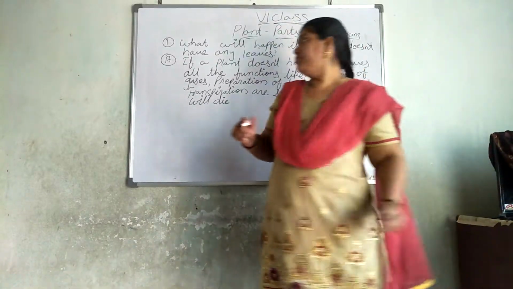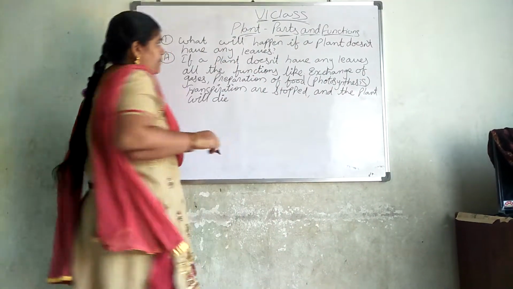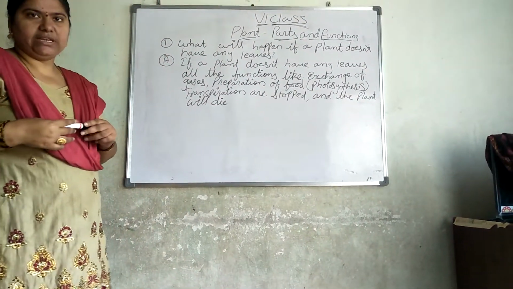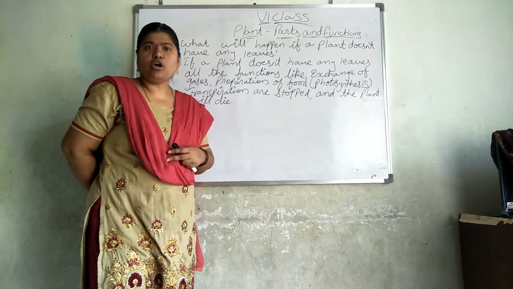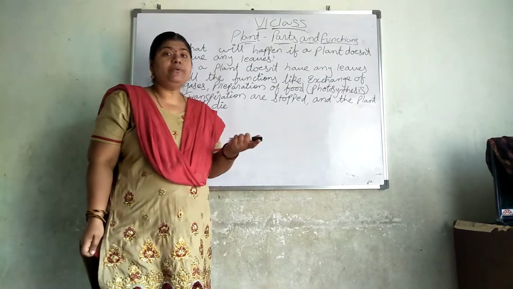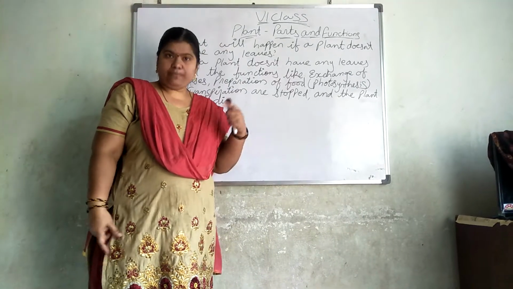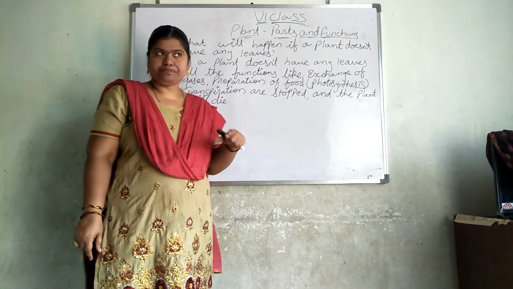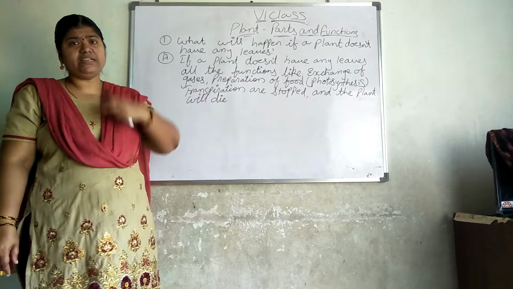So see here, what will happen if a plant does not have any leaves? We know that plants are autotrophs and they have to prepare their own food by themselves. How can they prepare food by themselves? By using the leaves. Chlorophyll is present in the leaves.